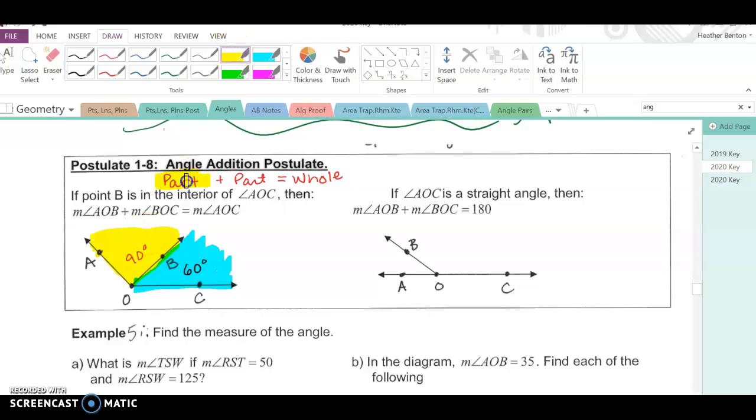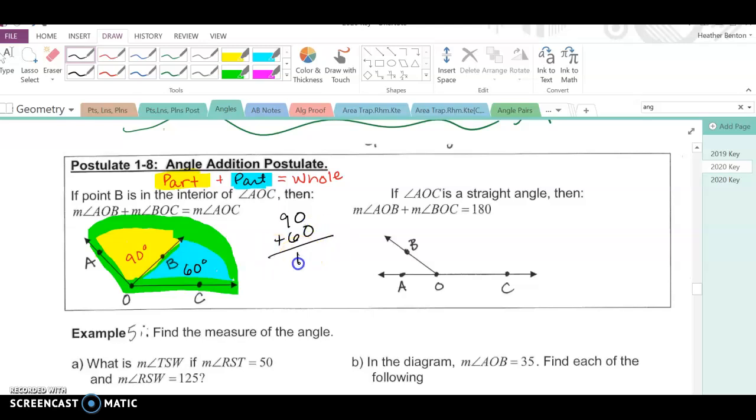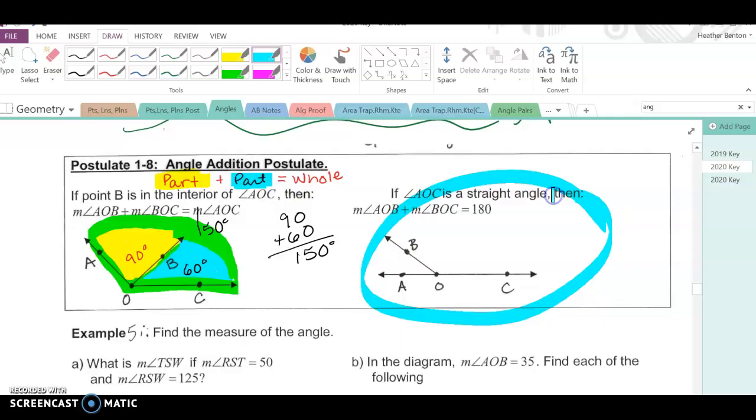We have the yellow part is 90 plus the blue part is 60. And the question is, how many degrees would it be from here all the way to here? And so the angle addition postulate would say that you would add those together. 90 plus 60 equals 150 degrees.